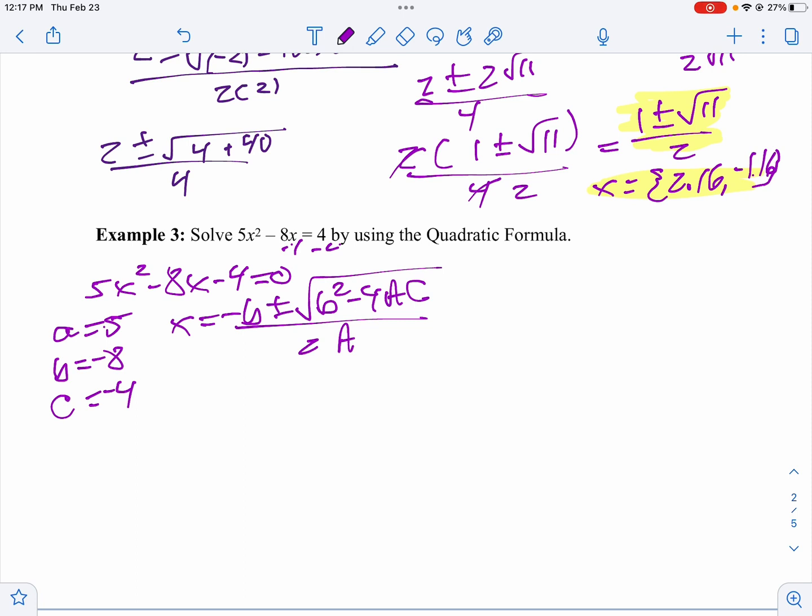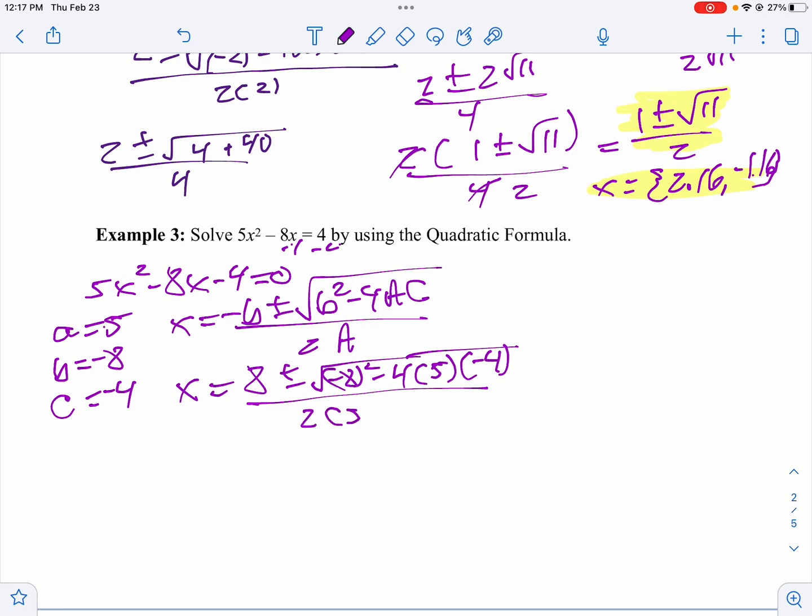So now, let's do a problem. The opposite of negative 8 is positive 8 plus or minus the square root of negative 8 squared minus 4 times a, which is 5, times c, which is negative 4, all over 2 times a, which is 5.